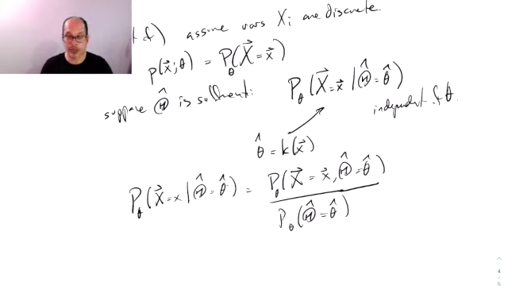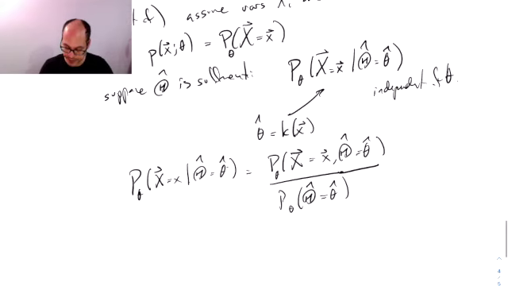And now, because theta hat is a function of these x's, the first condition is actually a superfluous condition: by definition, capital theta hat is a function of capital X. So if the first thing is true, then this thing also has to be true.